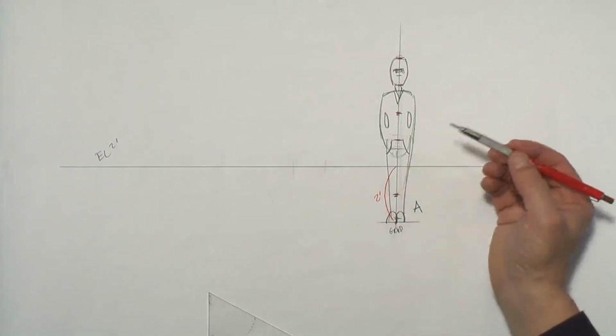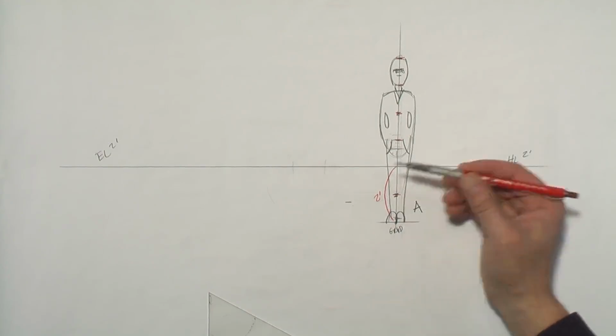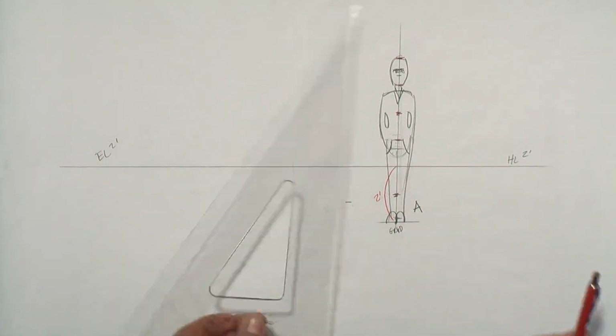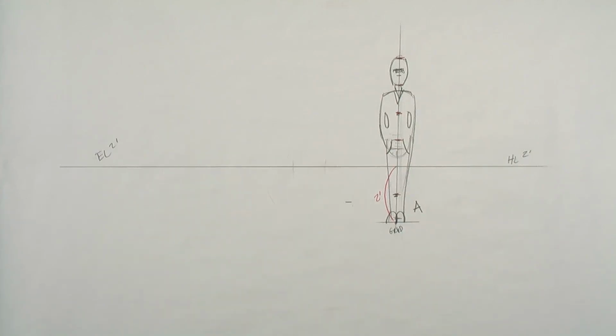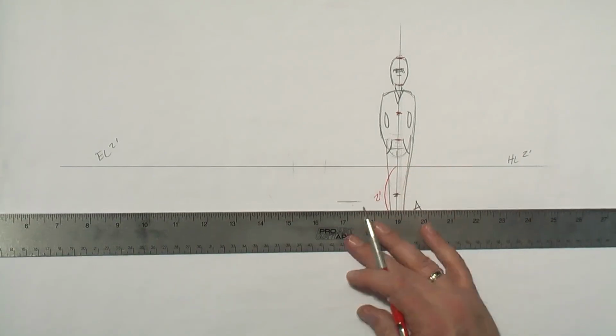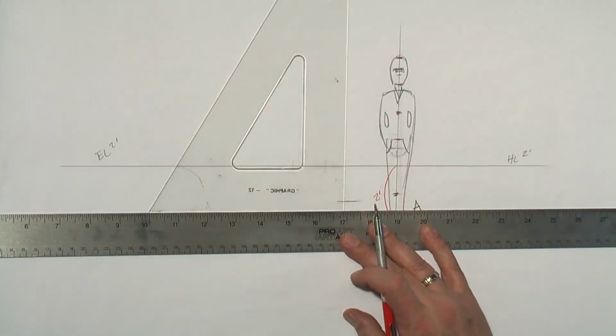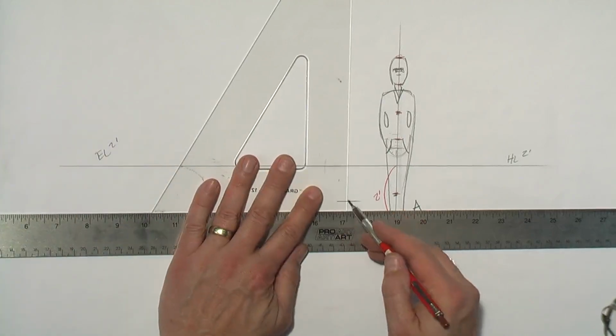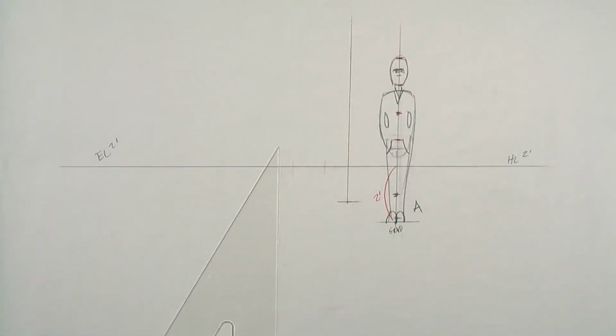We'll want to put another one, let's say, over here, another figure here. This will be also same size. So again, we'll give that person a vertical and a position on the picture plane officially with our T-square. All right, we'll shoot that up. All right.